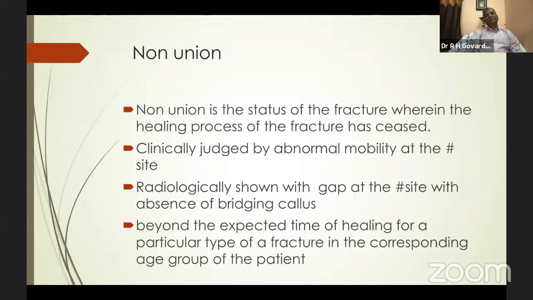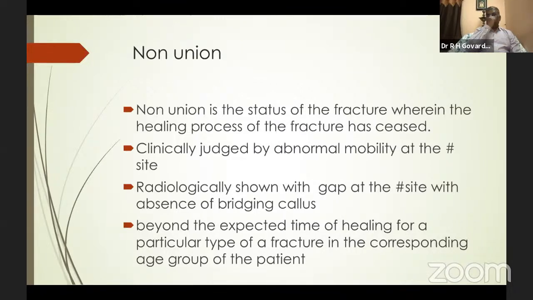So non-union is the status of a fracture wherein the healing process of the fracture has ceased, clinically judged by abnormal mobility at the fracture site, radiologically shown with a gap at the fracture site with the absence of a bridging callus, beyond the expected time of healing for a particular type of fracture in the corresponding age group.